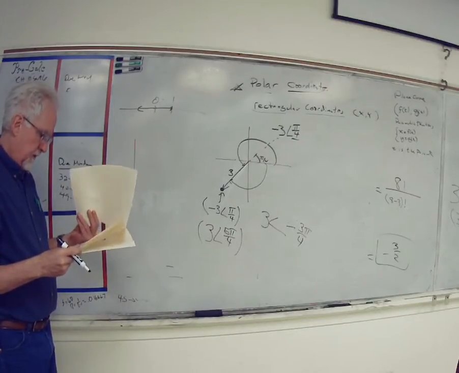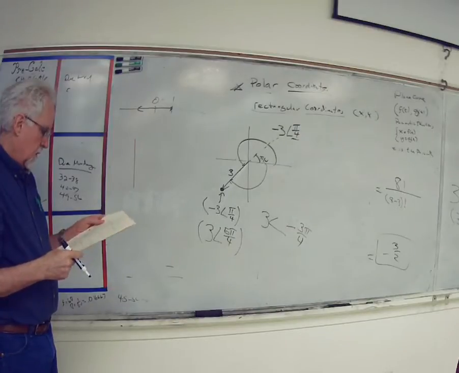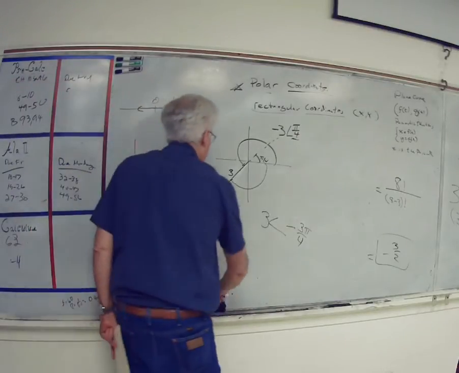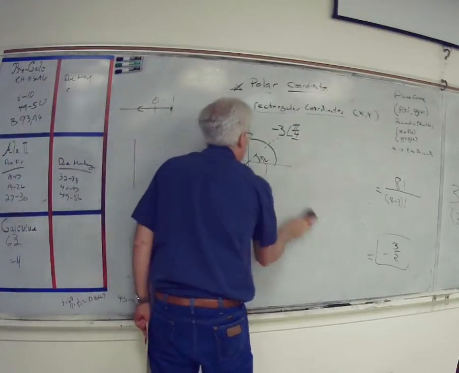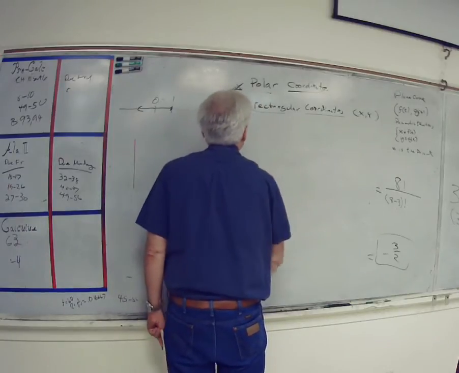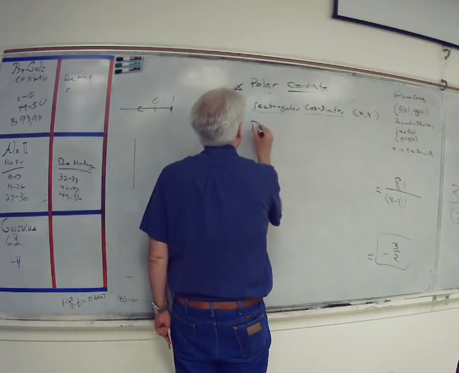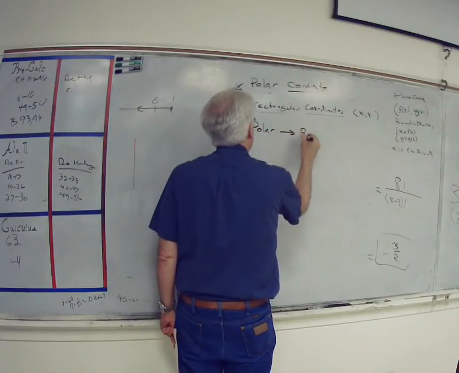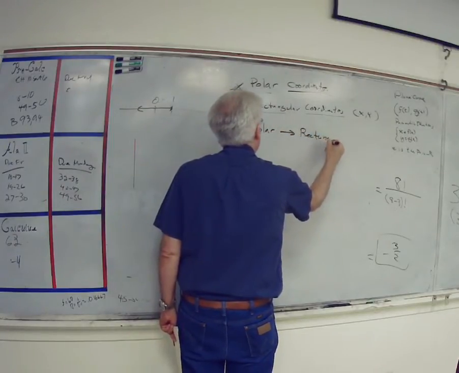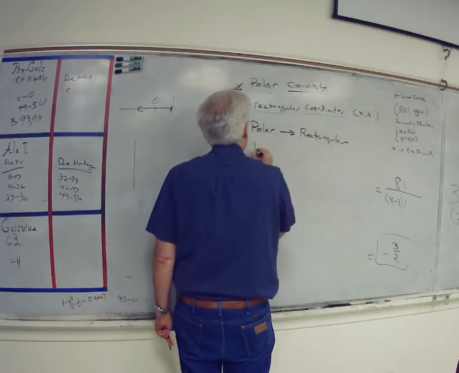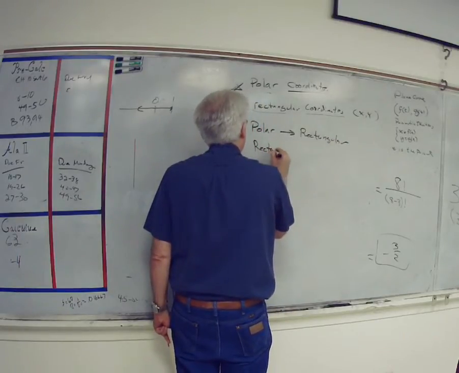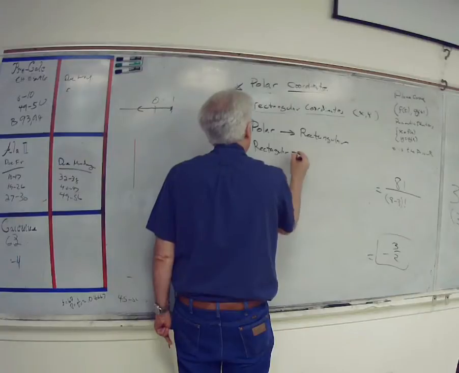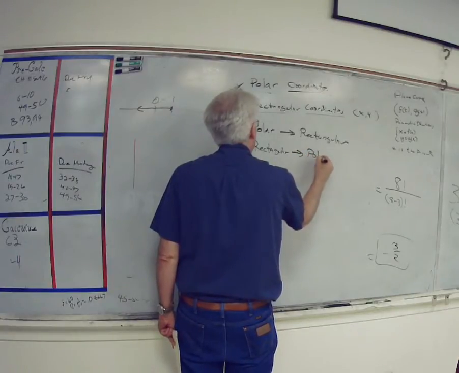What we have to do is we want to go two things: polar to rectangular, and we want to go rectangular to polar.